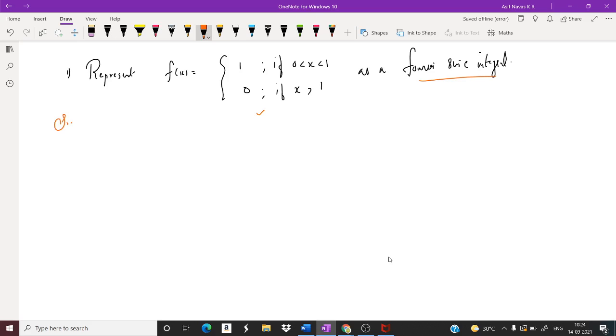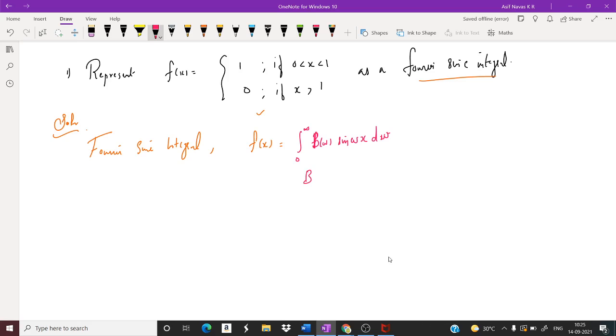Solution: we have to find the Fourier sine integral. First we write the formula. The Fourier sine integral representation is f of x equal to integral 0 to infinity b of omega sin omega x d omega, only the sine term is there.